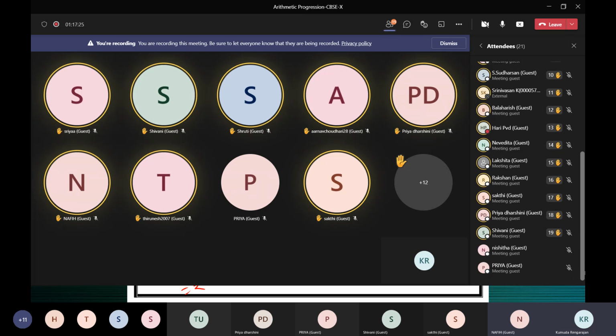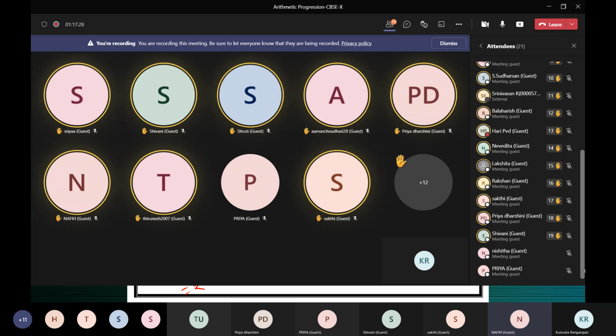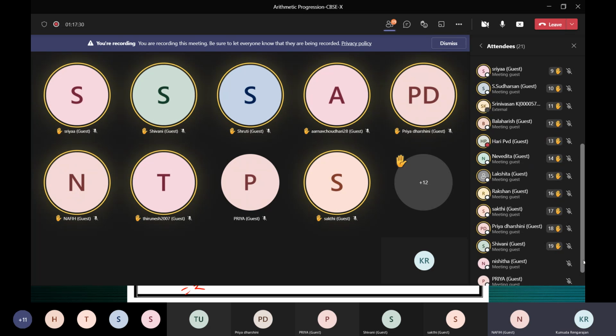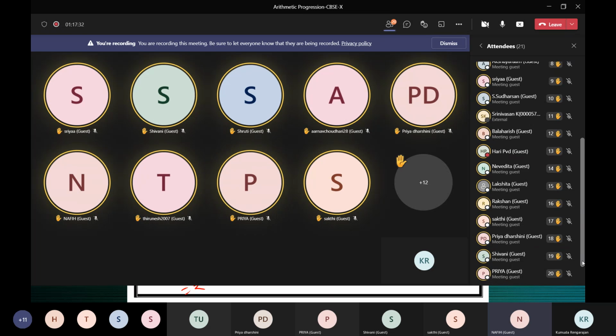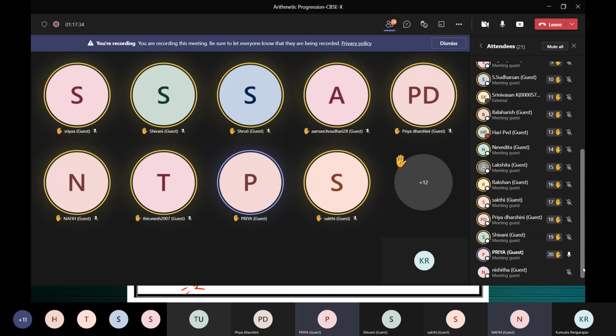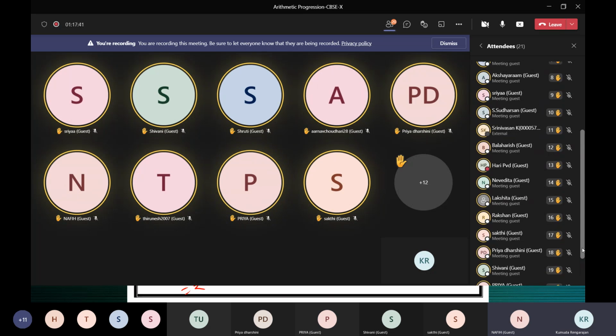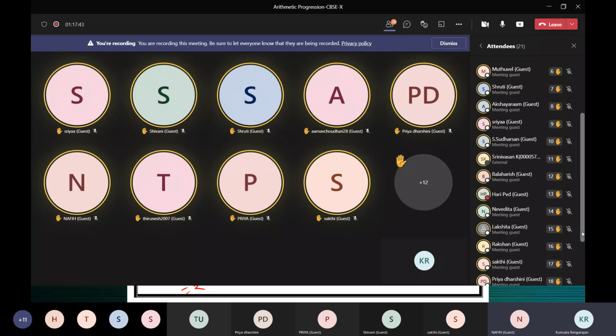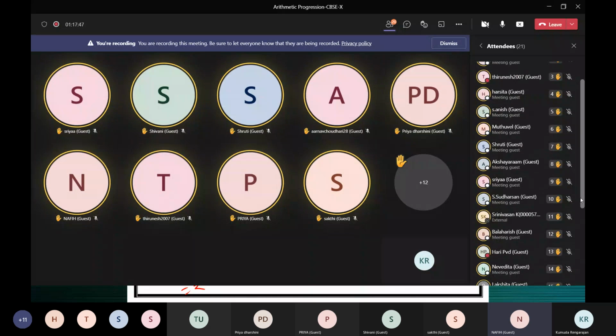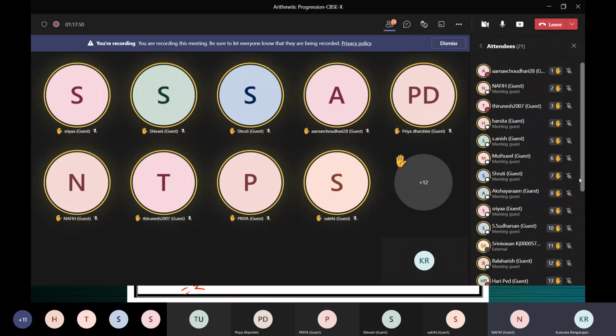Okay, so we have Nishita, Priya, Shivani, Priyadarshini, Shakti, Rakshan, Lakshita, Nivedita, Hariharan, Balahari, Srinivasan, Sudarshan, Shriya, Akshayram, Shruti, Muttuvel, Anish, Arshita, Tirunesh, Nafi and Arnav.